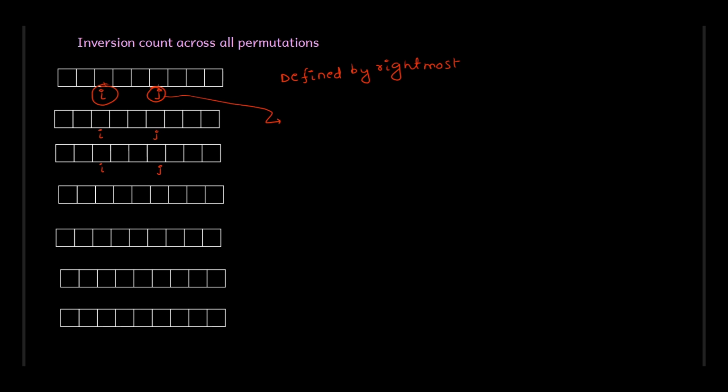What could land over here? When you are shuffling, anything could land over here. So what are the possibilities? Either you could have a of 0 at that location, a of 1, a of 2, and so on. So there are n different possibilities at that location. So why don't we try out all of these possibilities?